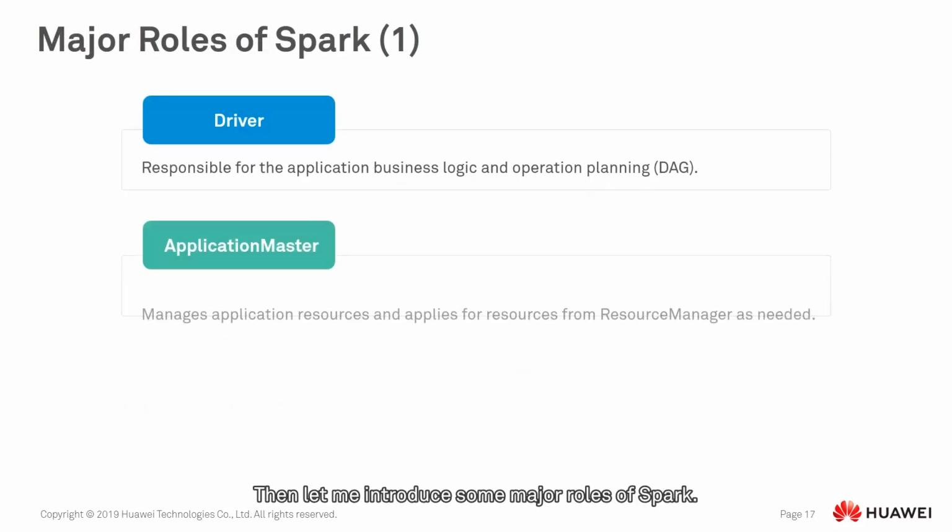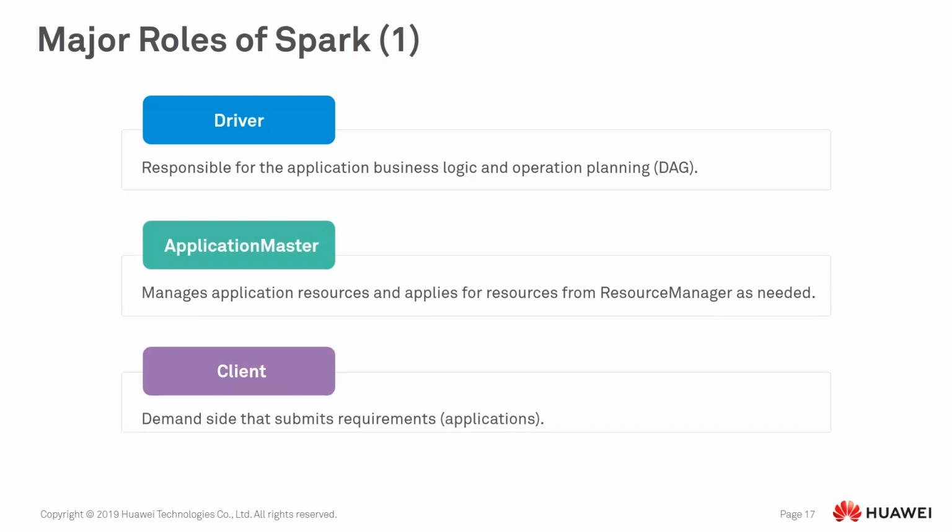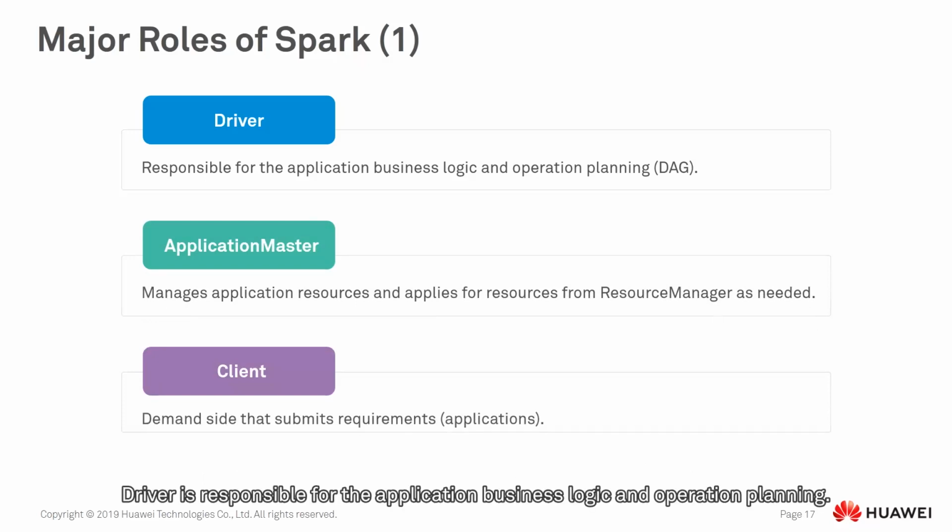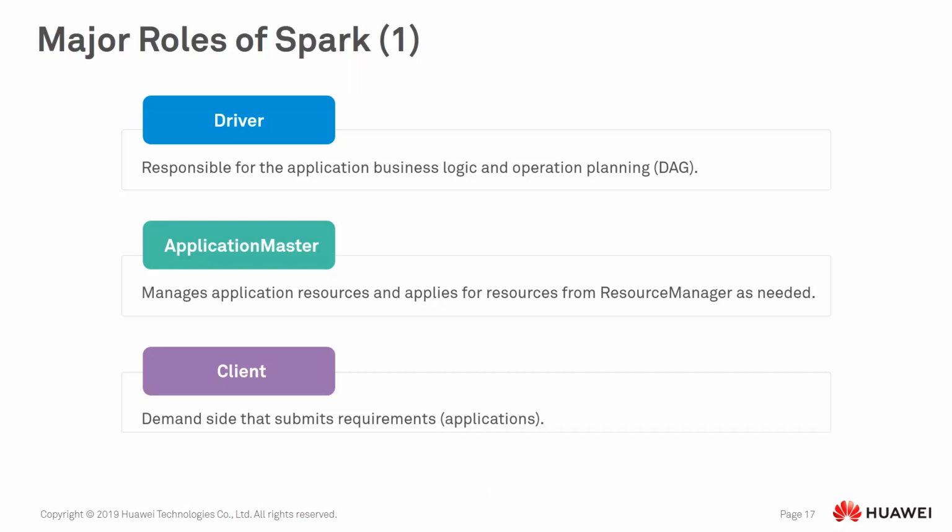Then let me introduce some major roles of Spark. Driver is responsible for the application business logic and operation planning. Application Master is used to manage application resources and applies for resources based on applications. Client is to submit applications.